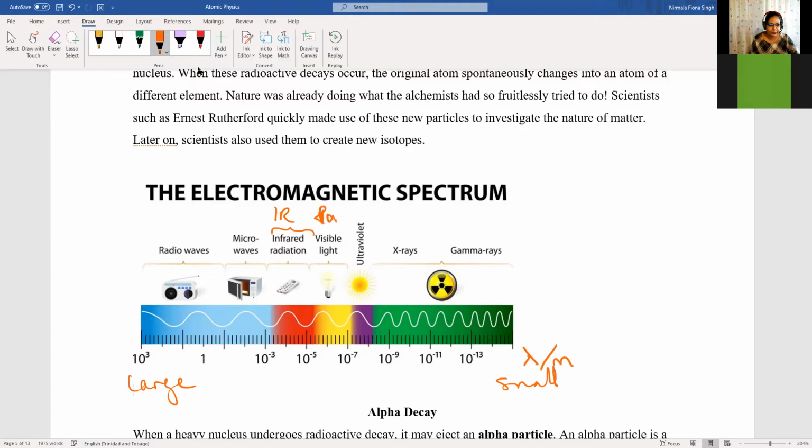I'll call it Roy G. Biv. You all remember what Roy G. Biv is? Anyone? It goes with light.